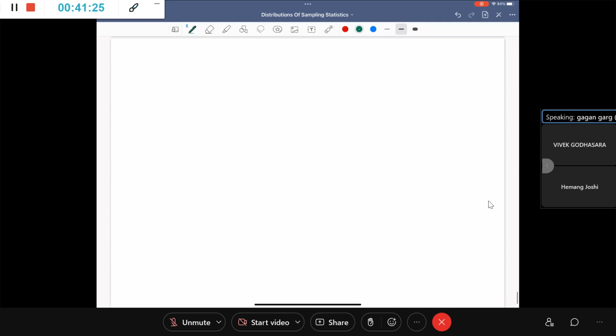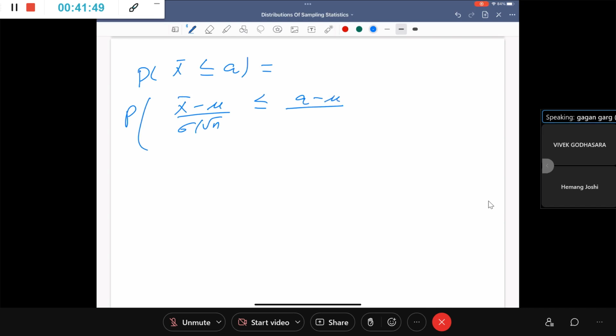So now let's say we want to compute a certain probability. Let's say you want to compute the probability of X bar less than or equal to A. For some reason, let's say we are interested in computing a number like this. So then this is equal to the probability of (X bar minus mu) by (sigma by root n) less than or equal to (A minus mu) by (sigma by root n).